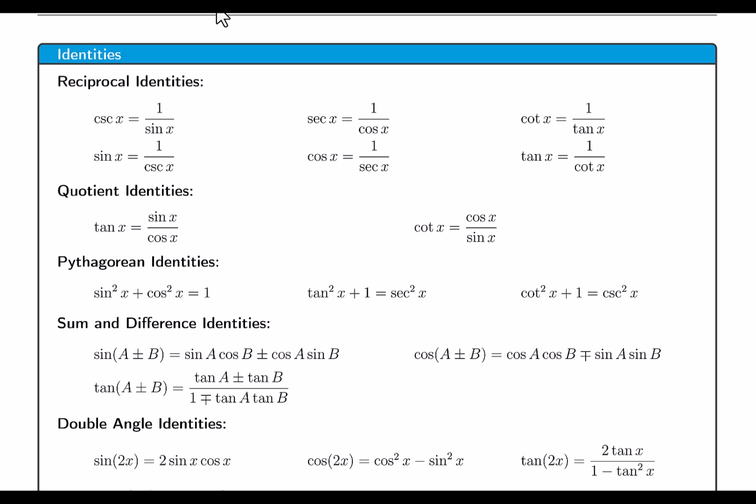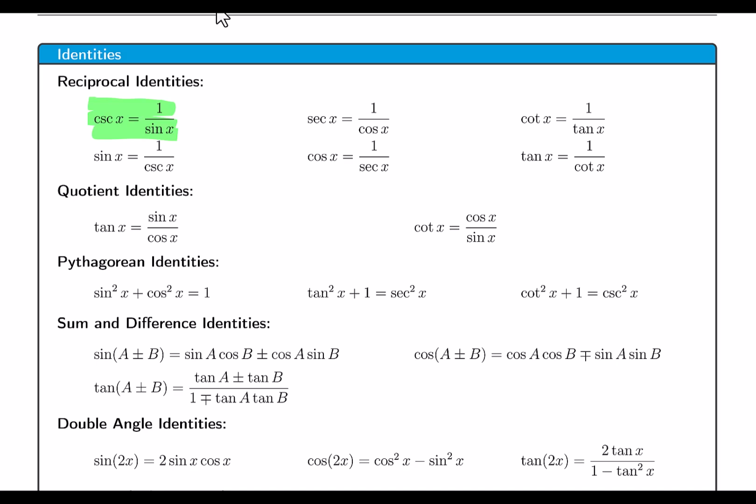Okay, identities. If you went through trigonometry, you know for certain that there was a lot of identities. You'll need some identities in a calculus class, but not necessarily every single identity that was ever presented. The ones that you will definitely need, all right, you need the reciprocal identities.